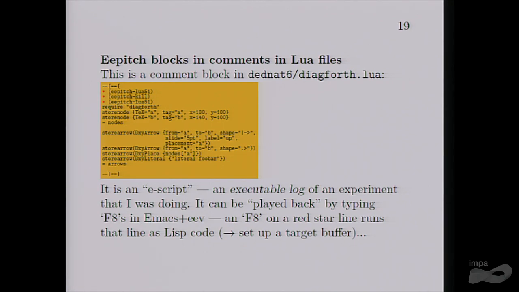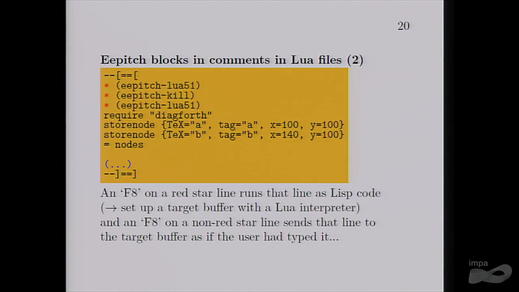And if you're running Emacs with EEV and you put the cursor at this point here, and you type F8 several times, the first 3 F8s are going to process these lines here, and they're going to split the Emacs frame into windows, the left window with the source and the right window with the terminal running Lua. And when you type F8 here, Emacs is going to send these lines to the terminal running Lua as if the user was typing them.